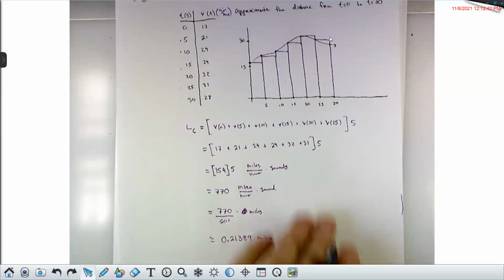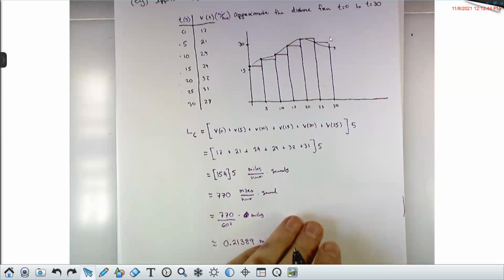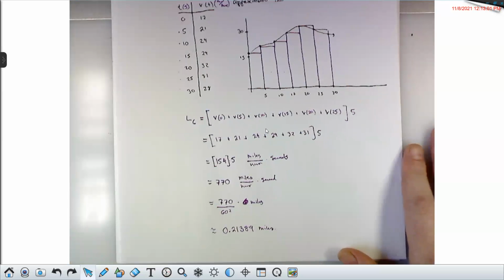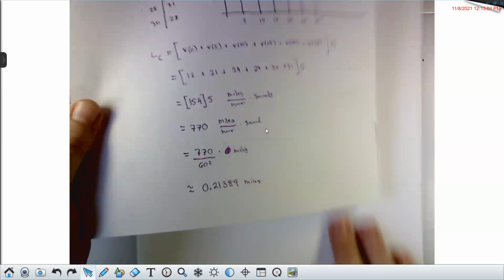If we wanted to, we could also calculate R6, which would mean deleting this 17, keeping all of these, and then adding the 28 at the end, and then doing the same thing. And R6, I suspect, would be larger. Let's just squeeze it in here, and then I will let you guys go.